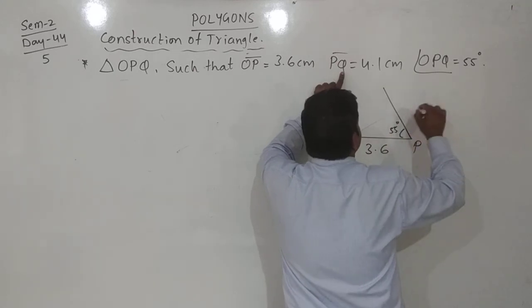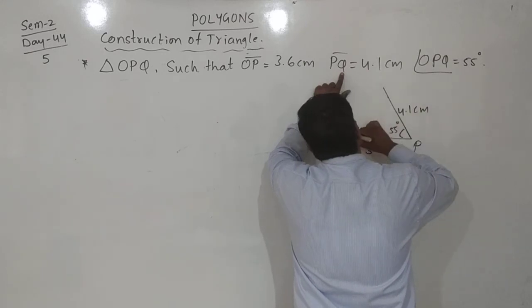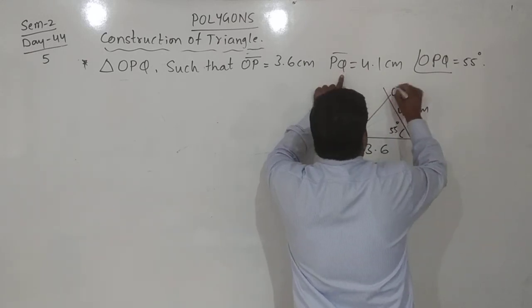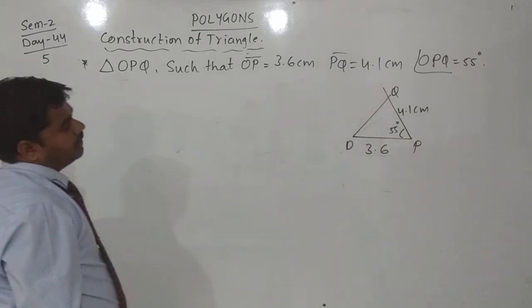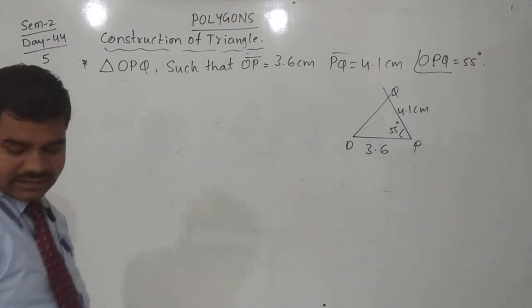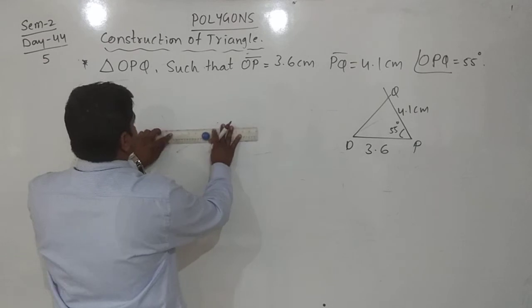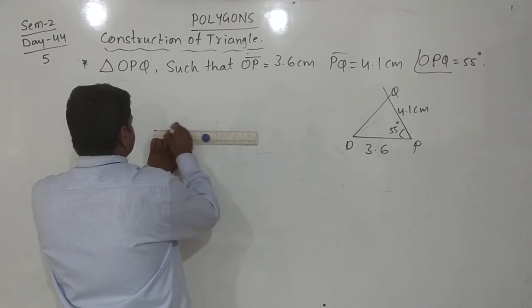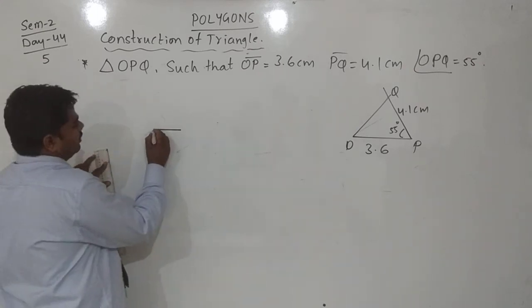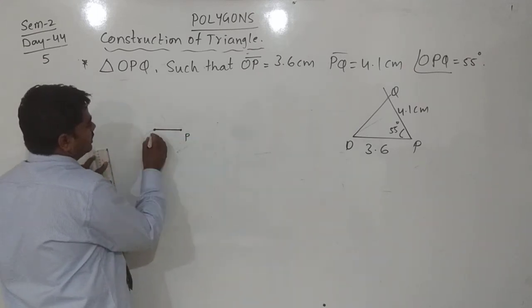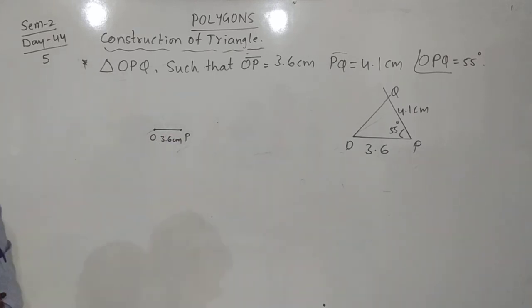Then the length should be 4.1 centimeter. This one is not given. This is Q. PQ is 4.1 centimeter. This is the rough diagram. Like this we can draw. Take the exact measurements. First draw the 3.6 centimeter base. Now P and O are 3.6 centimeter apart.